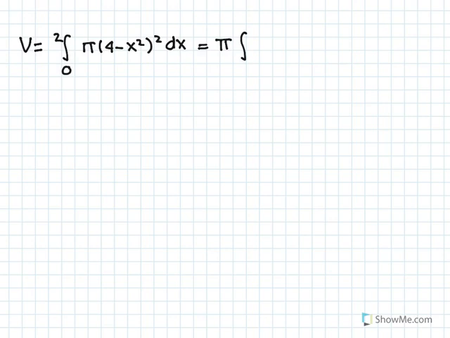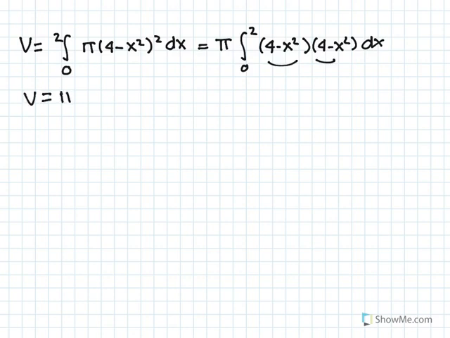All right, let's do the computation. So volume is the integral from 0 to 2 of pi times (4 minus x squared), all squared dx. Let's pull the pi out, integrate from 0 to 2, (4 minus x squared) times (4 minus x squared). Now let's multiply this out and simplify.